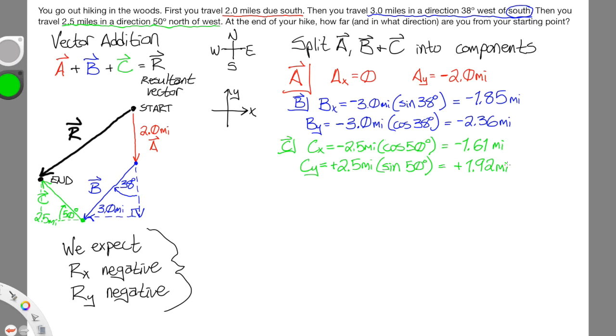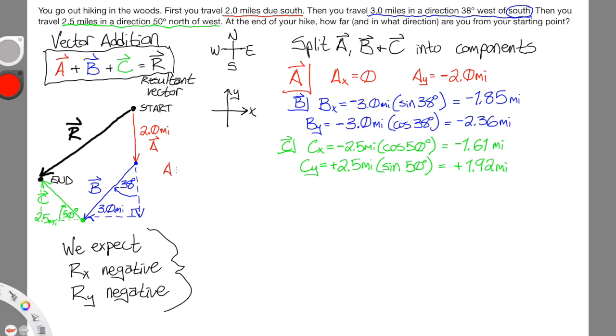Once we have all of the components of each of our vectors, we can combine them. Because this equation up here at the top, the vectors we're adding, we can't just add the numbers, but we can add the x components and the y components separately.